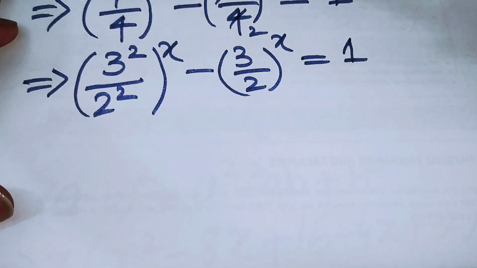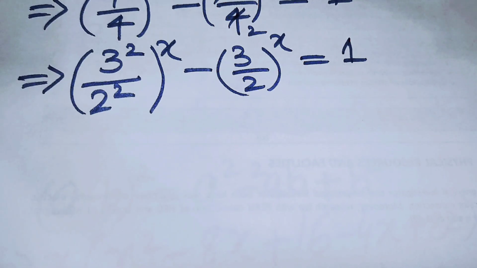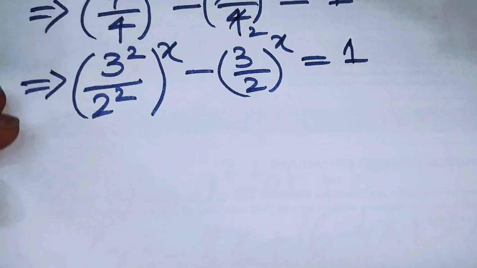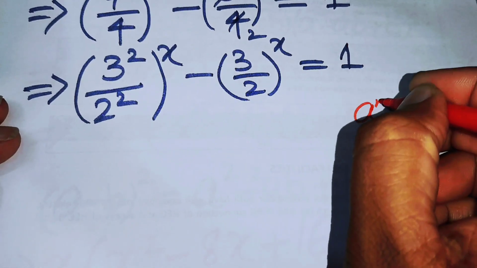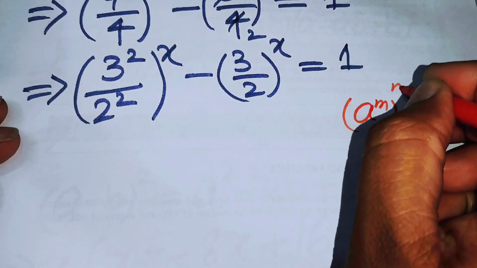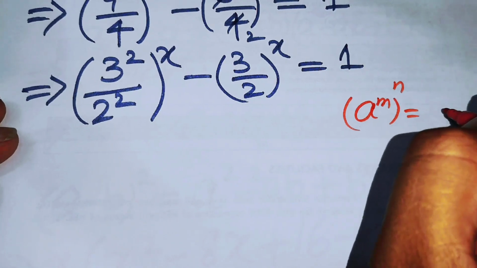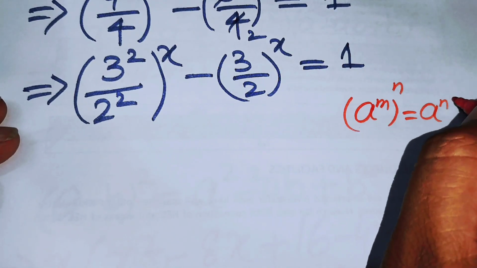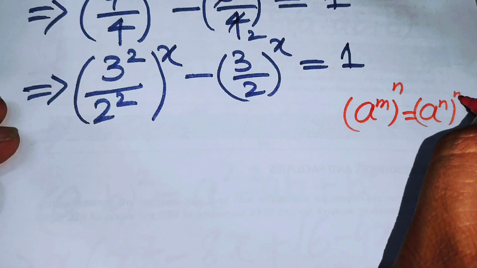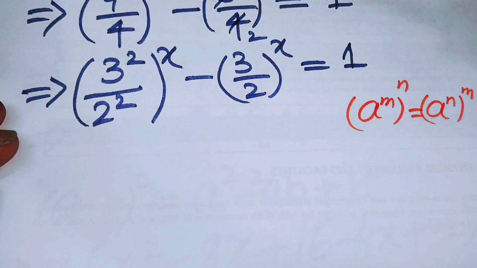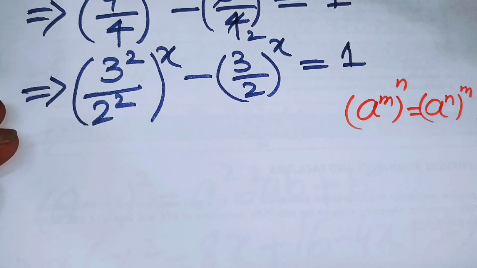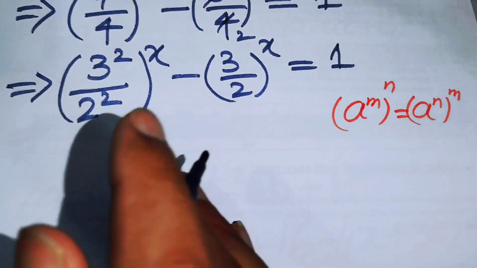After that we can apply the nice exponential law, and you know that if we have a to the power of m to the power of n, it is equal to a to the power of n to the power of m. It means that you can just interchange any nested exponents.